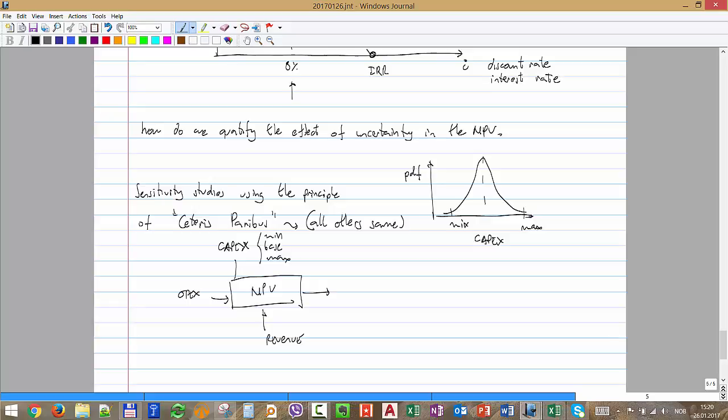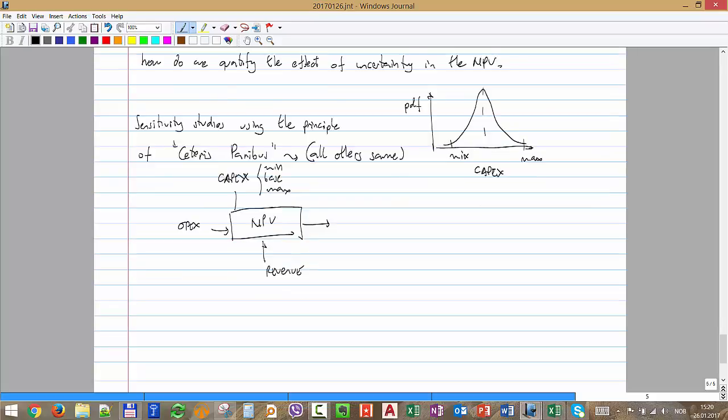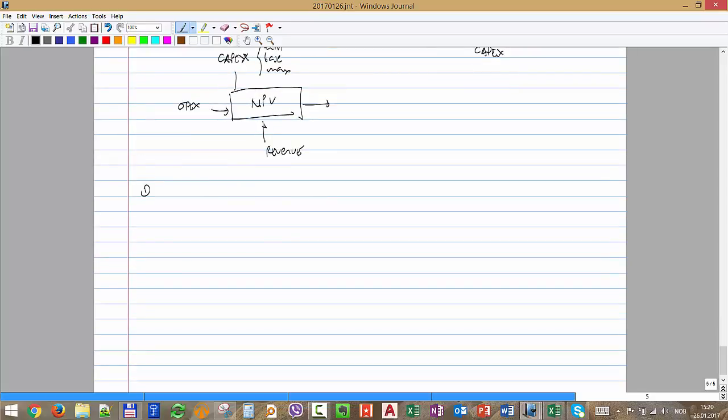Then you change again, keep all the others constant, and see how your NPV changes. I told you, be careful, because there are many other combinations, and if we do this kind of analysis we are missing some combinations that might be worse or that might be better. But to be fair, that's what most of the industry is using. So first we have to define a base case scenario.